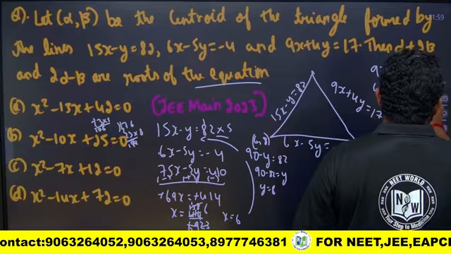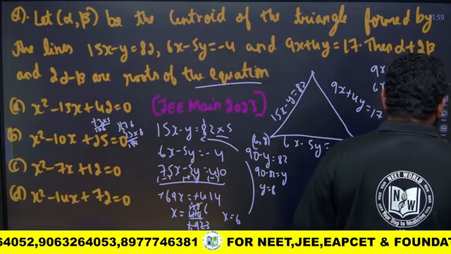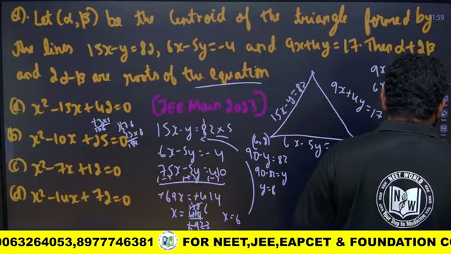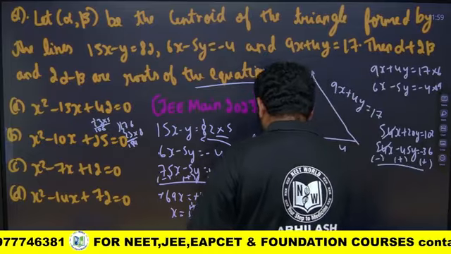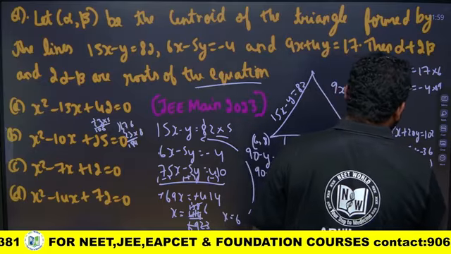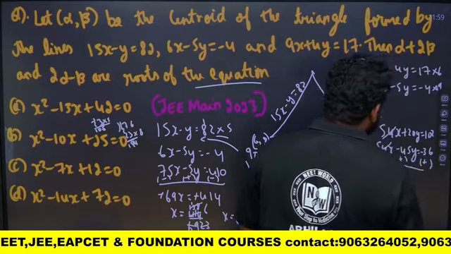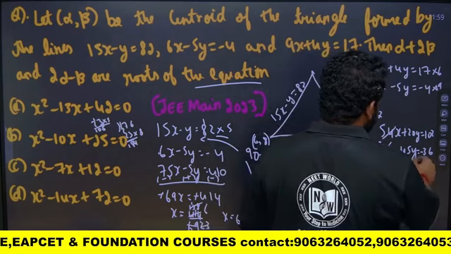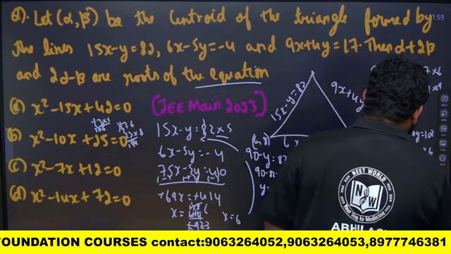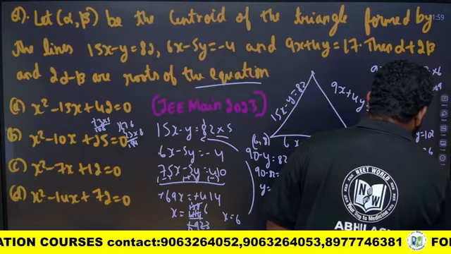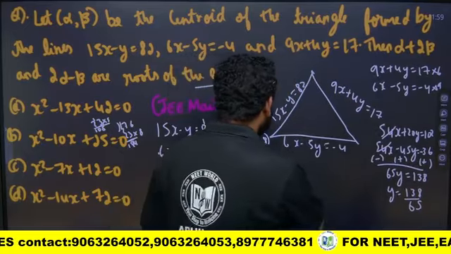Actually, this will become plus only: 9 4s are minus 36, so it becomes 102 plus 36, which is 138. So y is equal to 138 by 65. If you solve it like this, you will get the value.